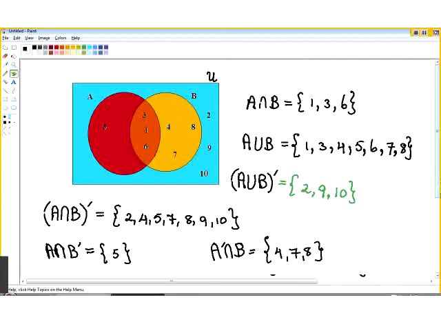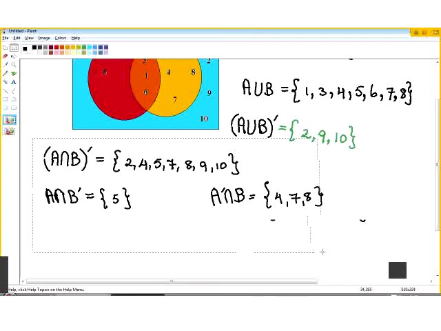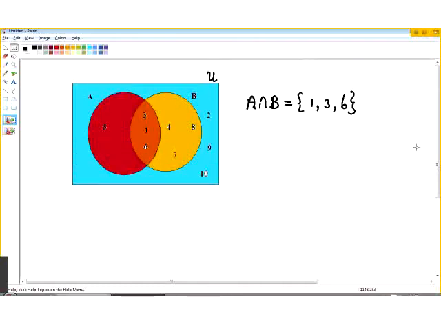Let's do another twist. We're still staying with the complement, and we're going to look at another question dealing with complement. Let's clear the screen a little bit, because we don't want it to get too complicated and cluttered.